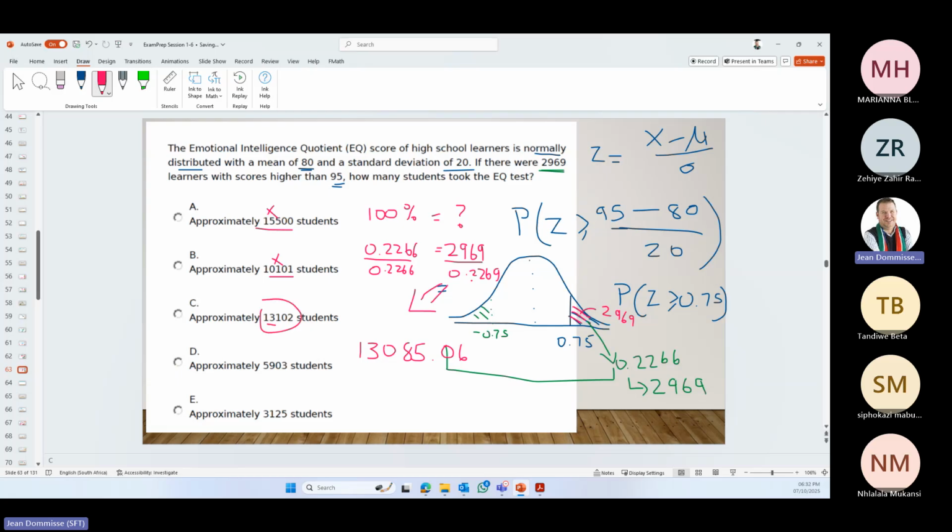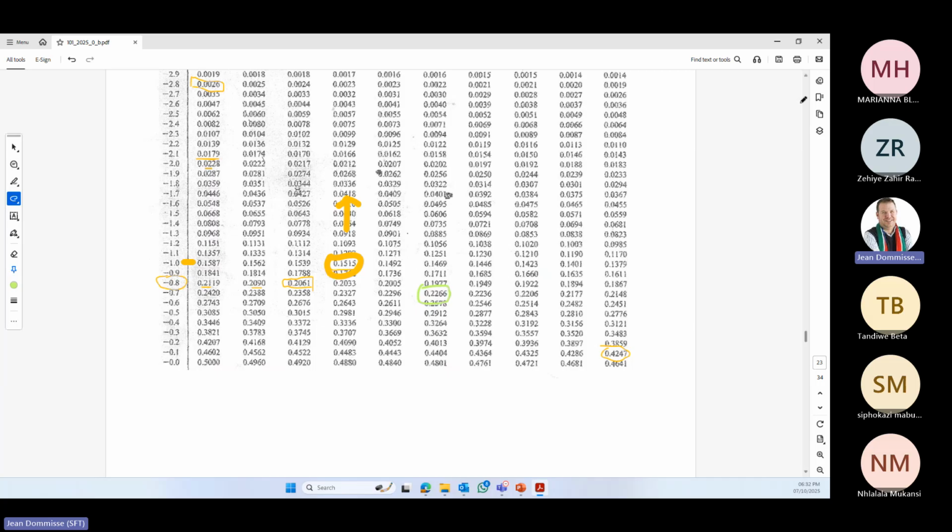So I just want to check if we said 2,969 divided by 0.23. No, so if we said divided by 0.227, then it also gets a bit smaller. So I just want to make sure it's 1.95 minus 0.2266, did I get that one all right there?